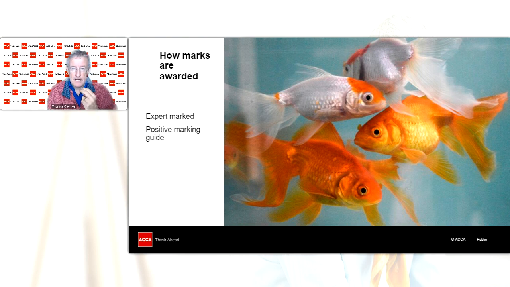Okay, so there is positive marking. If you say something wrong, if you say an advantage of sustainability reporting is that it will help users understand deferred tax, doesn't make sense.